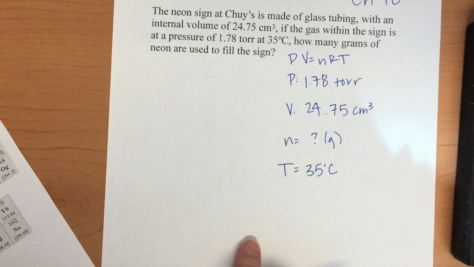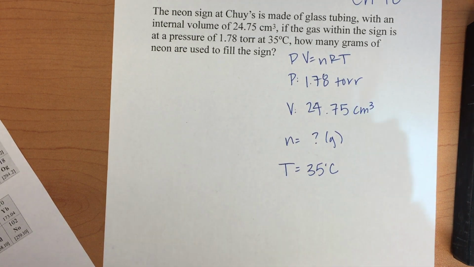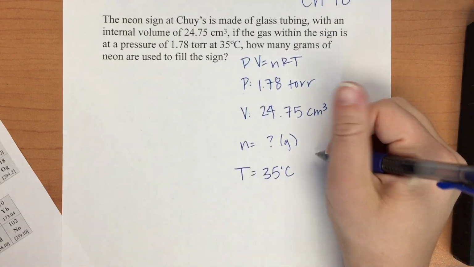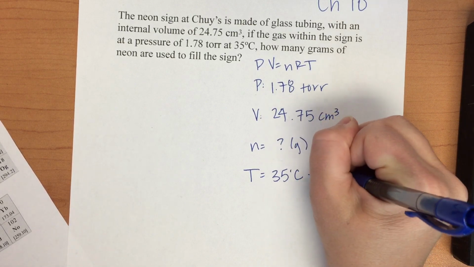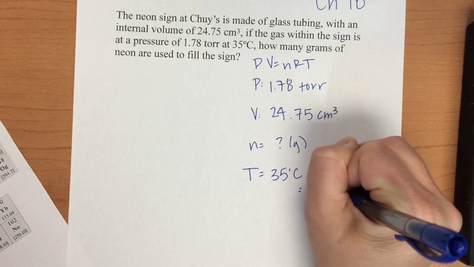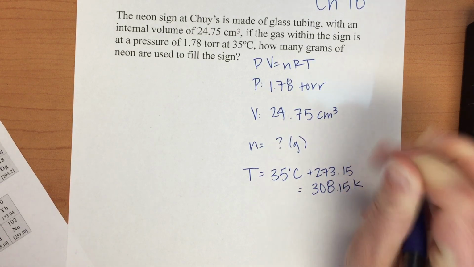One thing to note is that there are different R values. The temperature needs to be in Kelvin, so we're going to add 273.15, which gives us 308.15 Kelvin.